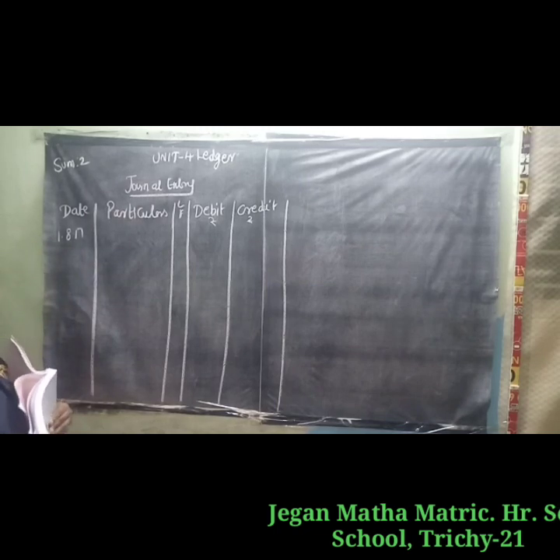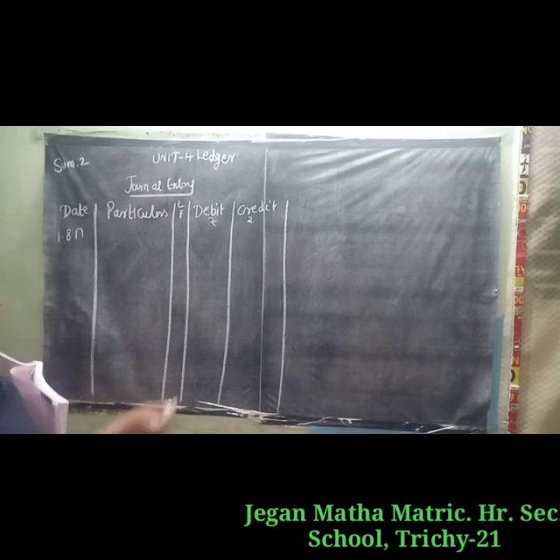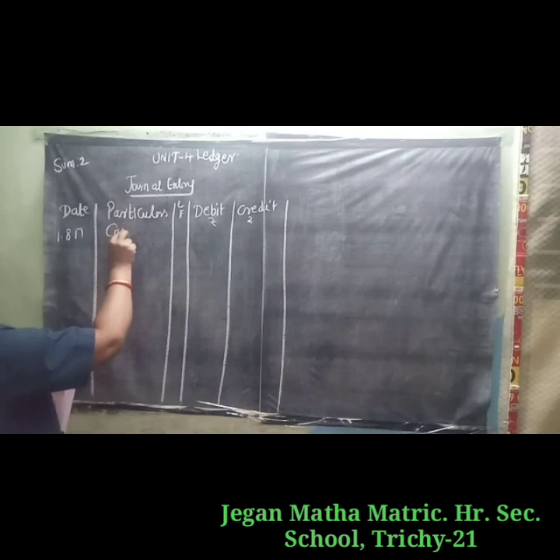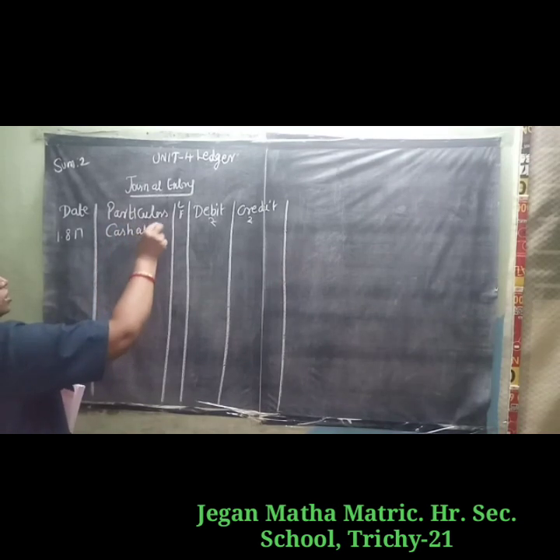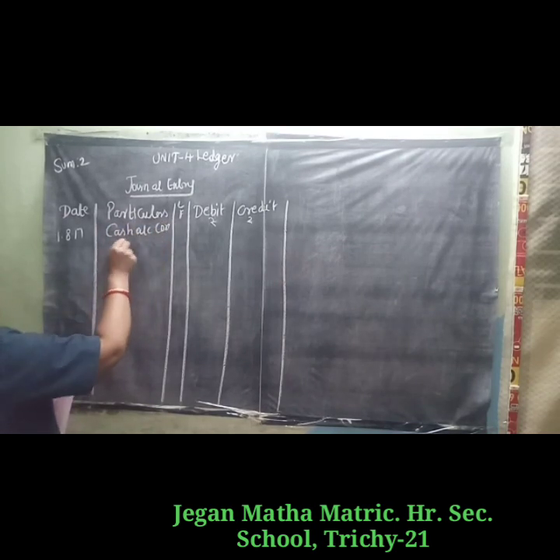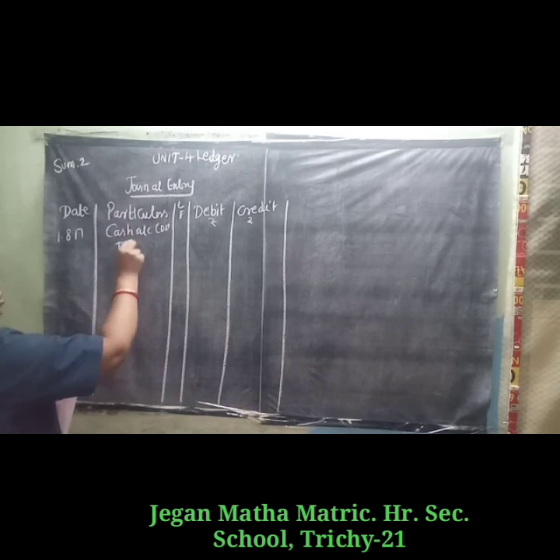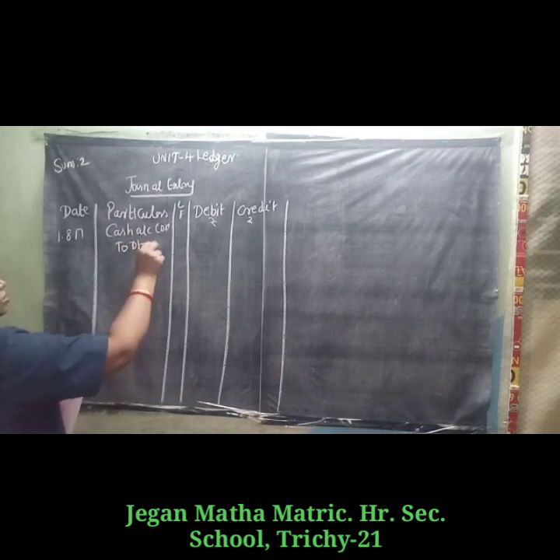Dharma started the business, so cash comes in. So cash account debtor. Dharma is the giver, so you have to write on the credit side Dharma capital account.